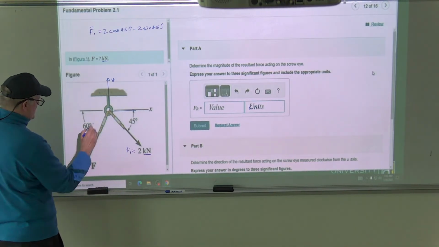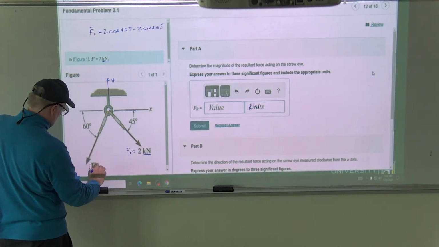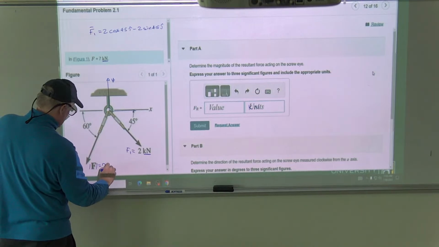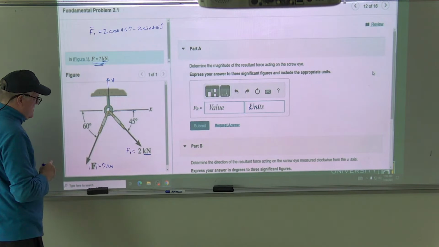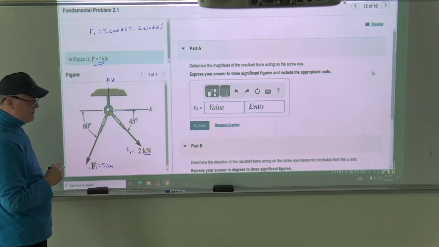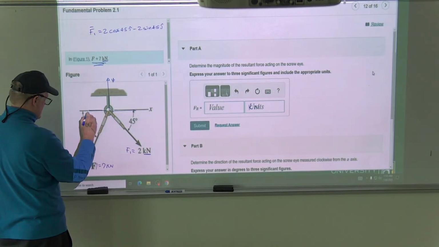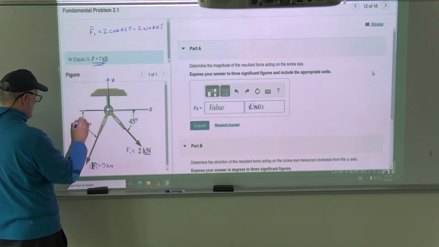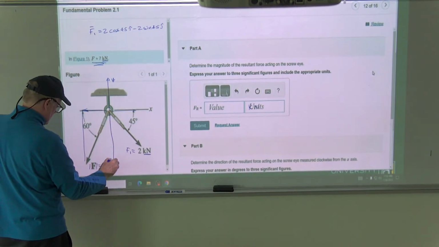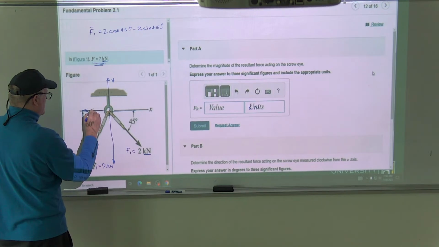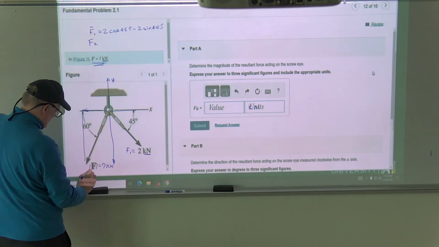Now, this one is 7. But in yours, it might be different. It might be 7, it might be something else. So in this one, you've got 60 going backwards. And this one is going in the x direction. So I'll call it F2.